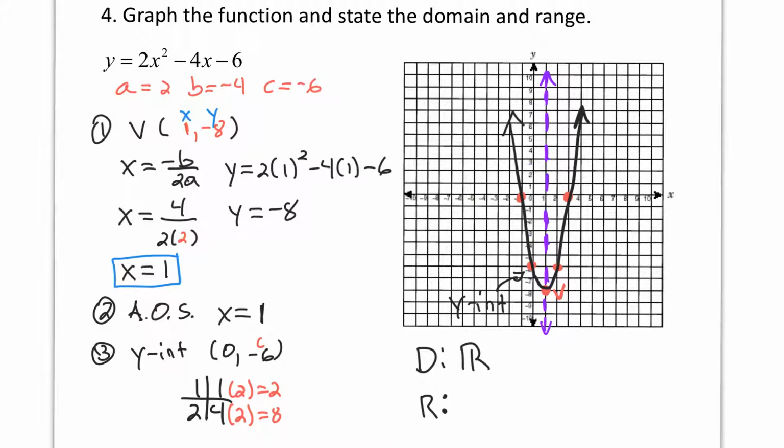So R for range, and my vertex is here, so the parabola is going up from the vertex. So what that means is we have to use y is greater than or equal to, and the y value of the vertex is -8. So we put a -8 right there. So the numbers that work for this function, for the y, the range, will be greater than or equal to -8.